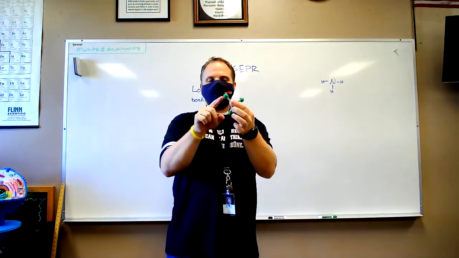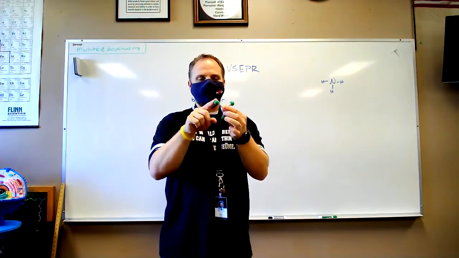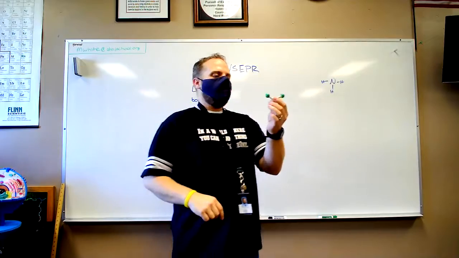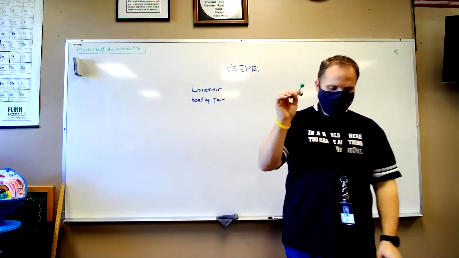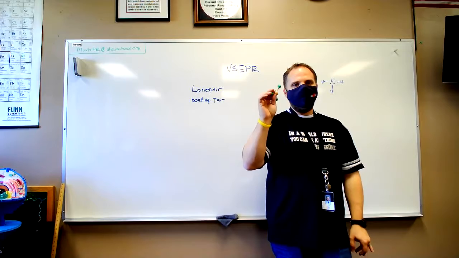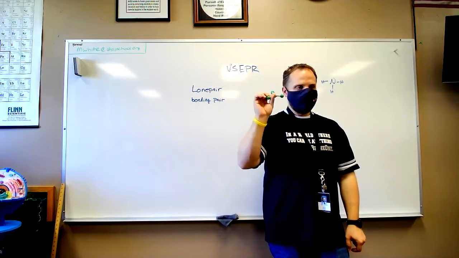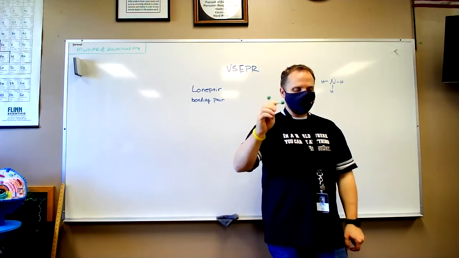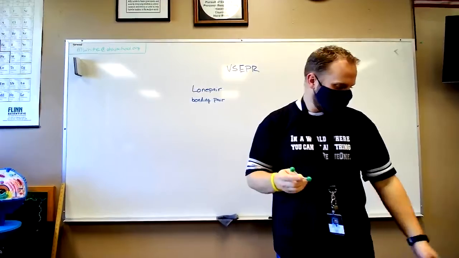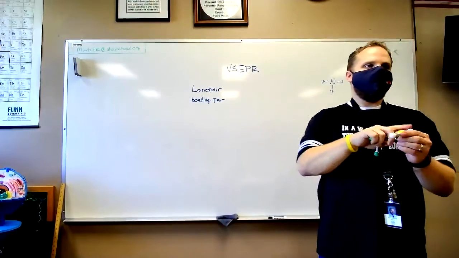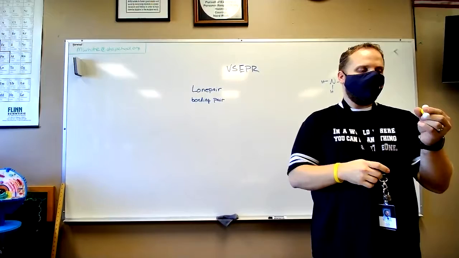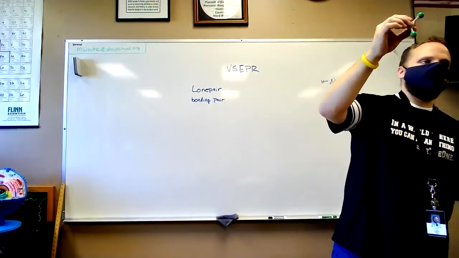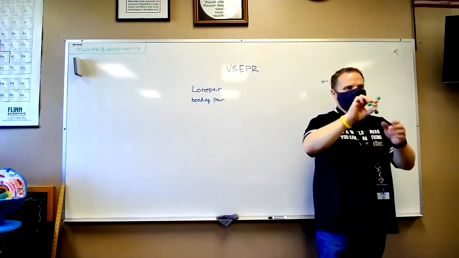Trigonal, tri. So this has 3 shared pairs and no lone pairs. I didn't mention the bond angle for the linear one: 180 degrees. The bond angle here is 120 degrees.